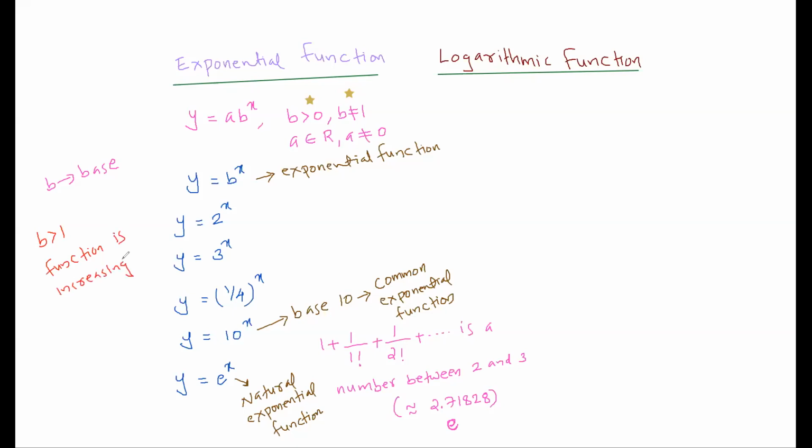And if b lies between 0 and 1, so b has 2 options, either greater than 1 or between 0 and 1, then the function will be decreasing. I'll show you that.